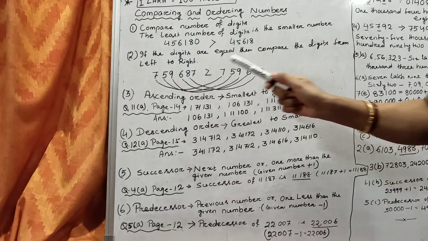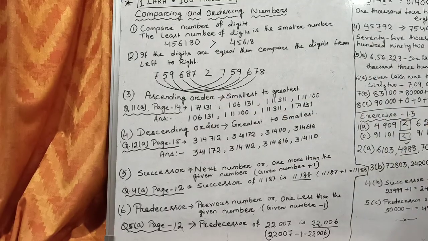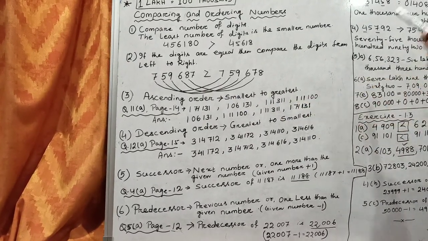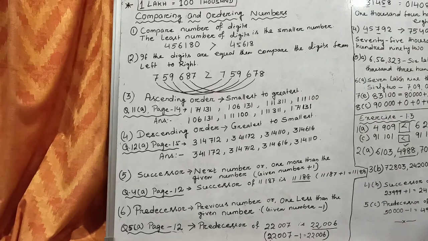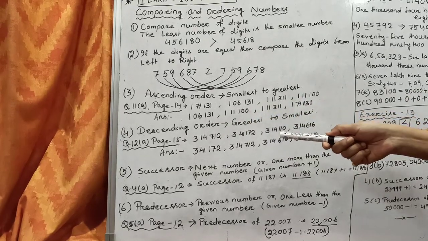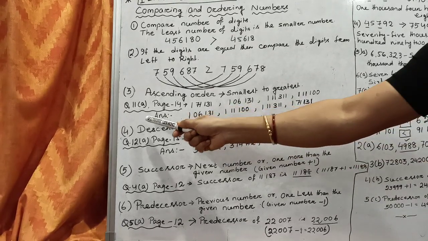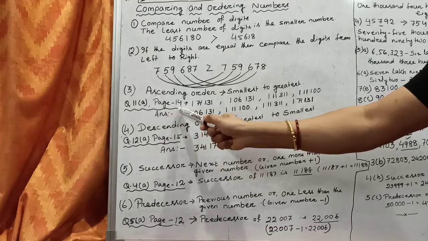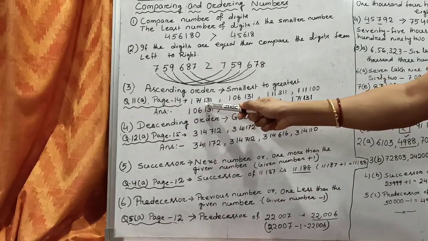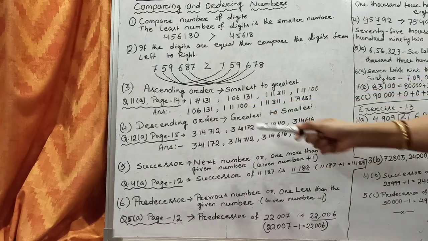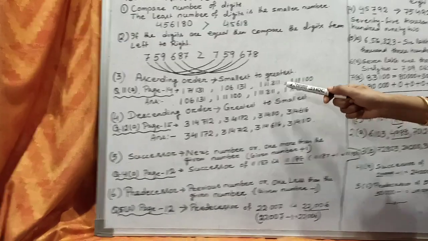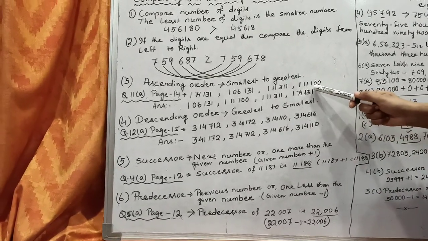Then come to ascending order. In ascending order, you have to write smallest to greatest. Already we have discussed ascending order. Again I repeat this. I have taken one question from page number 14, 11A. One question is given: 1,71,131, 1,06,131, 1,11,311, 1,11,100.